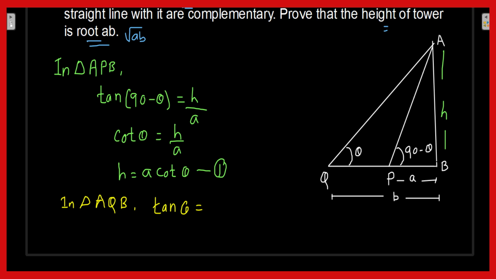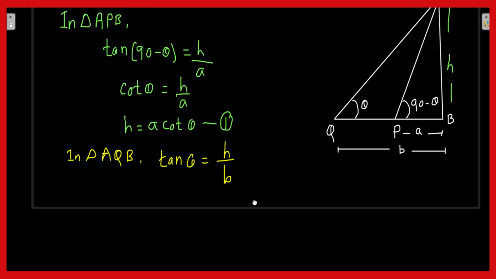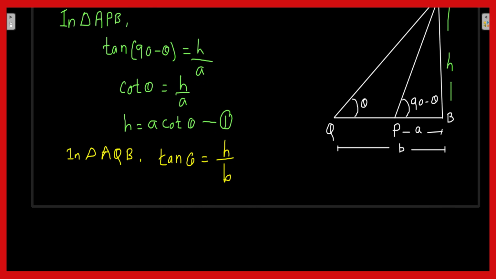Opposite is what? It is H. And the adjacent is what? It is B. It is given as B. So H upon B. Now take B to the other side. So you will get H is equal to B tan theta. Let this be number 2.